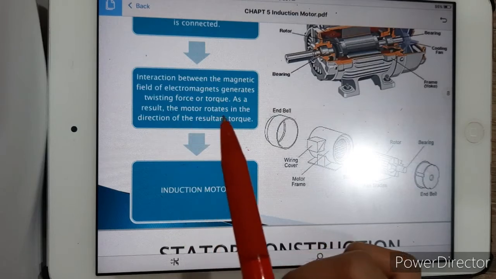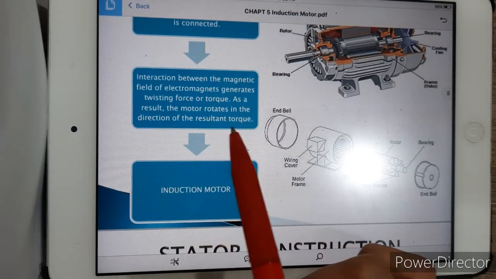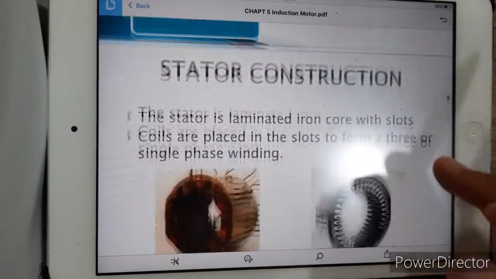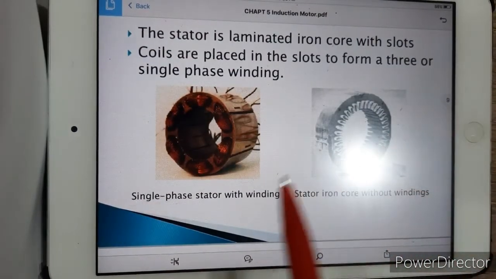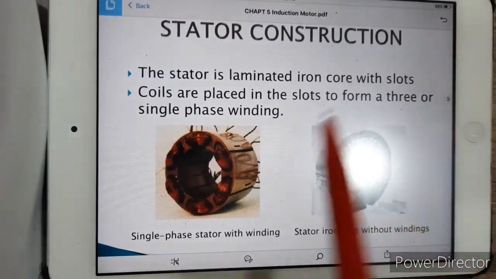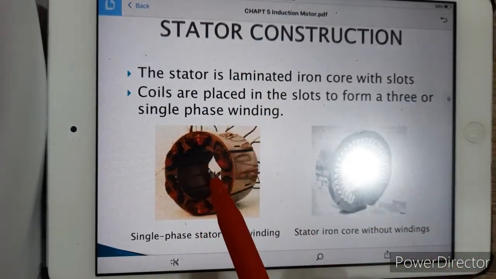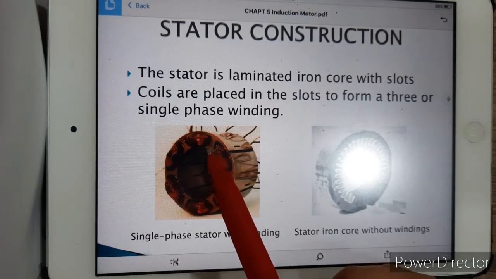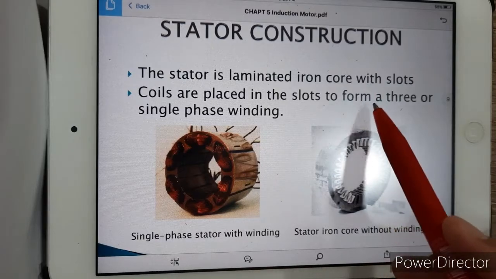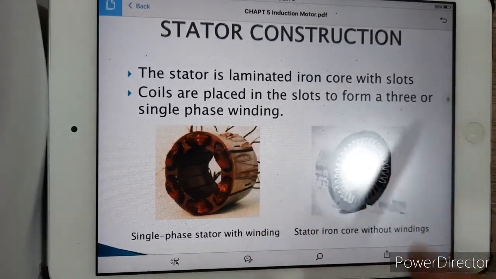As a result, the motor rotates in the direction of the resultant torque. So it becomes an induction motor. Remember, the stator is the static part, and it has coils. The coils are placed in slots to form a three-phase or single-phase winding.